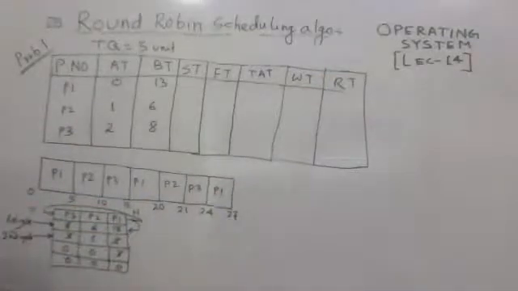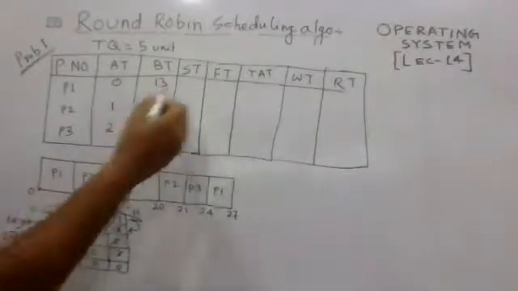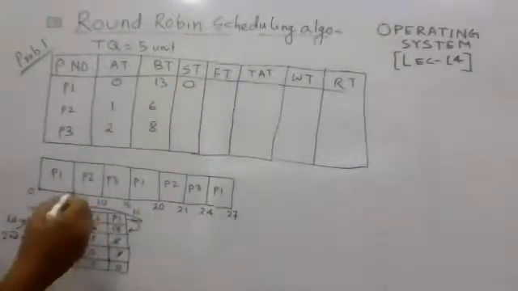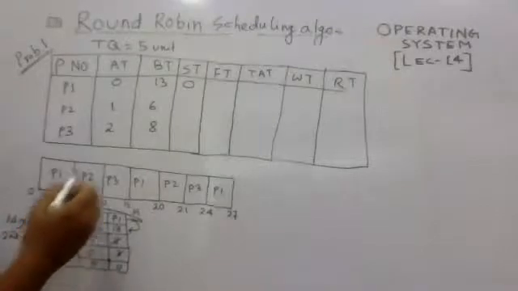So starting time we can write in this column using the schedule chart. Directly from the schedule chart we can write the starting time as well as the finished time. So for P1 the starting time is 0. For P2 it is 5.